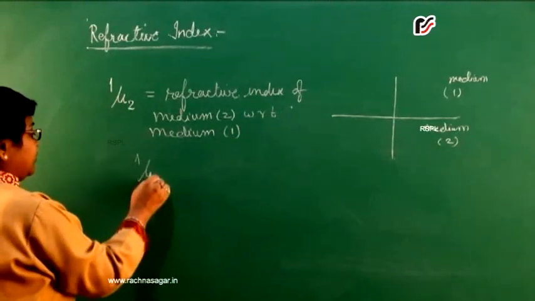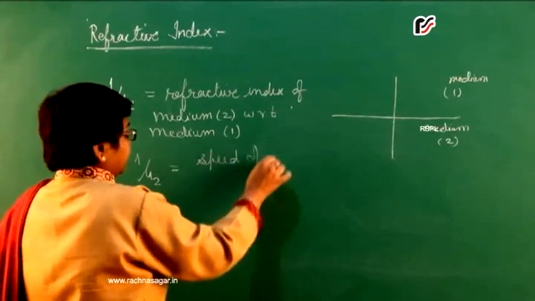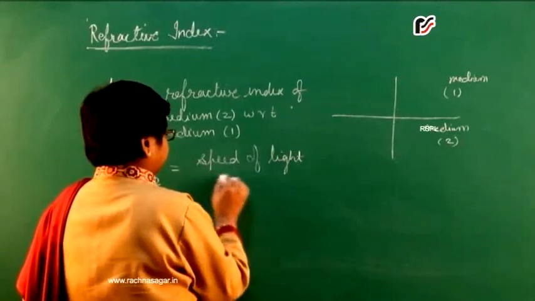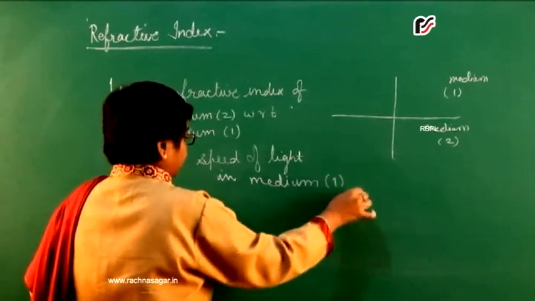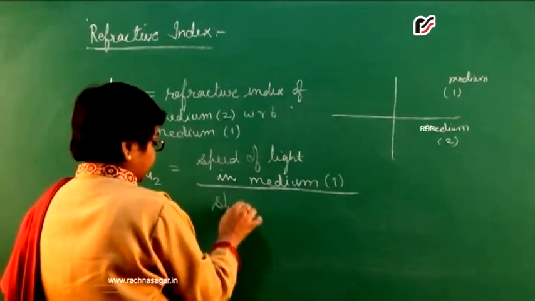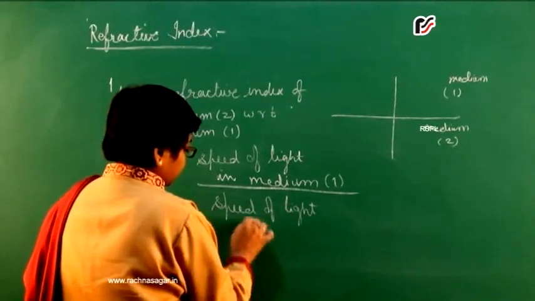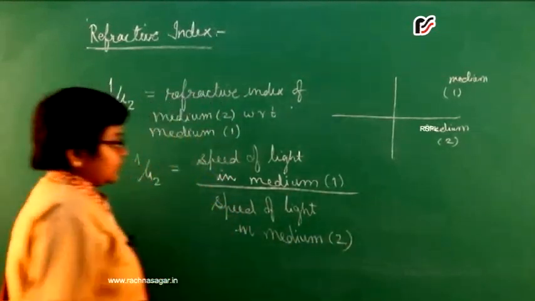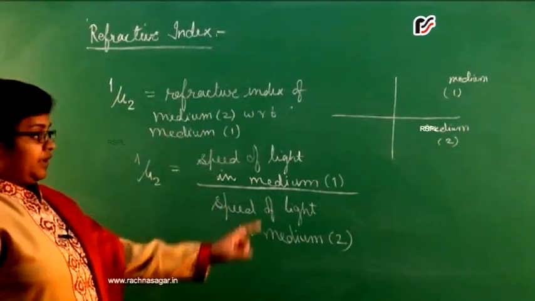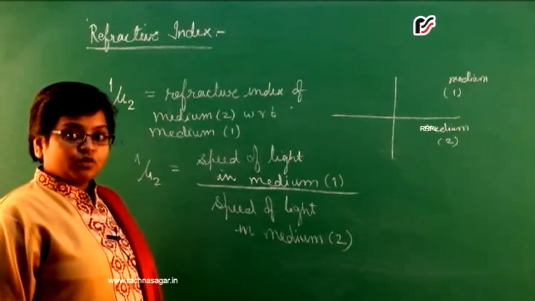That is, 1 mu 2 is written as speed of light in medium 1 divided by speed of light in medium 2.